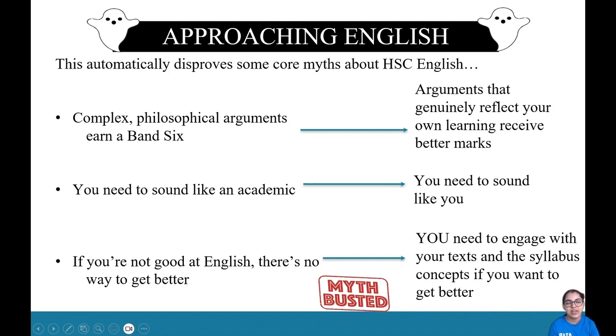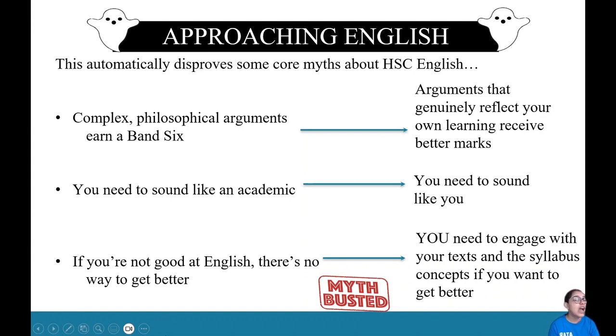It can certainly allow you to express yourself better. However, at the same time, we do not need to be writing like we are scholars, like we are academics who've done their masters and PhDs in literature. We haven't, right? We're just high school students.